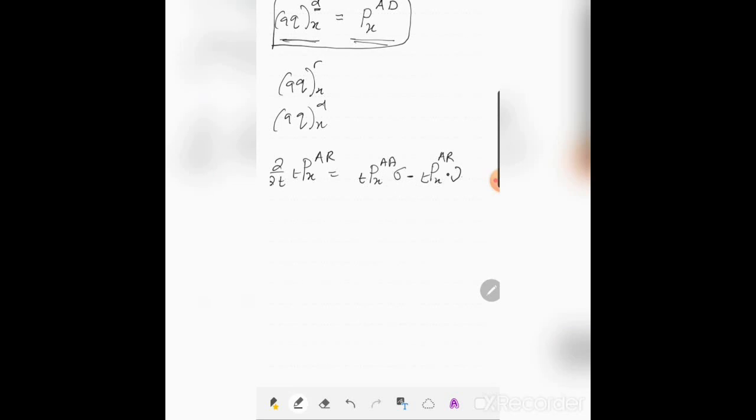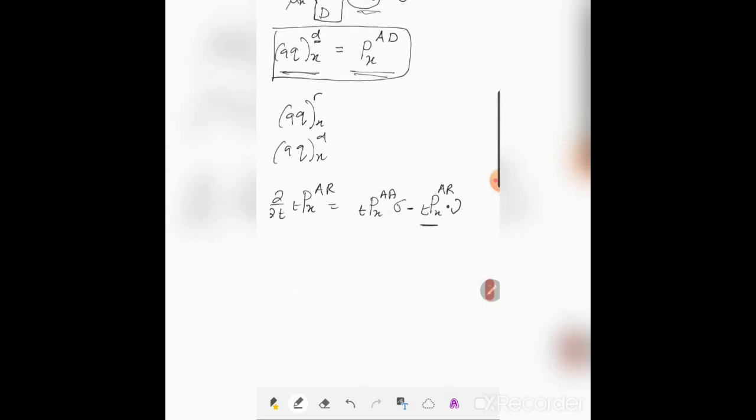And we know that TPX AR, if I want to know TPX AR, is nothing but AQXR, if at all the nu is equal to 0.